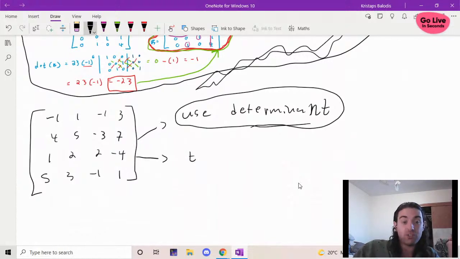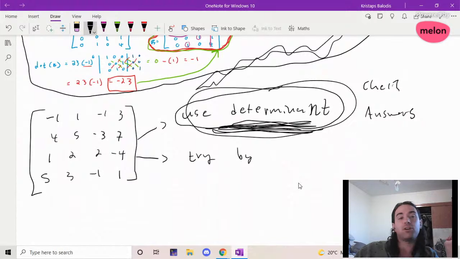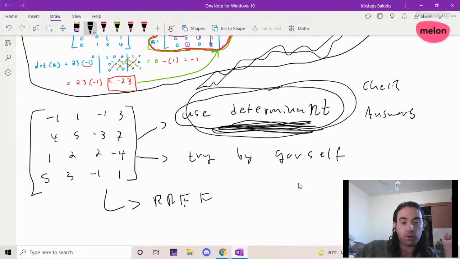But you should only use this to check answers, because if you just get used to using matrix determinant calculators, you're going to be in big trouble when you've got to show your work on an assignment or a test. So try this by yourself. Use the method I used above: get the matrix in reduced row echelon form, compute the determinant of the reduced row echelon form, and then use the rules from the textbook to figure out what the original determinant must have been.